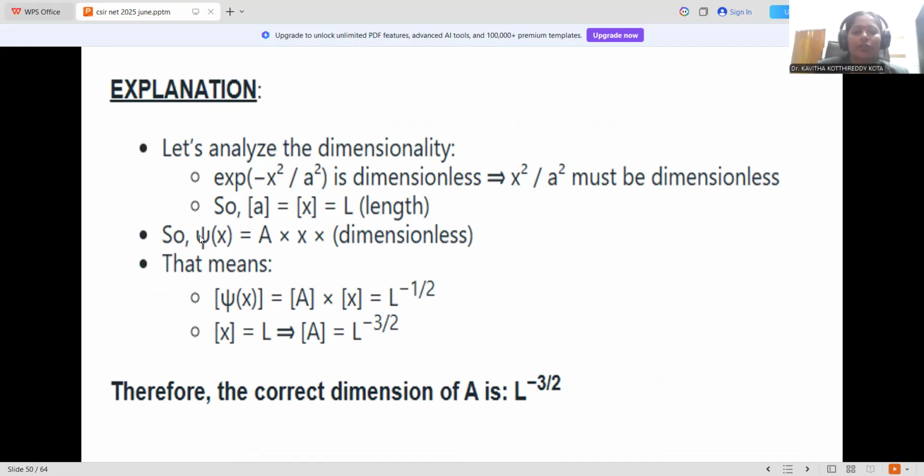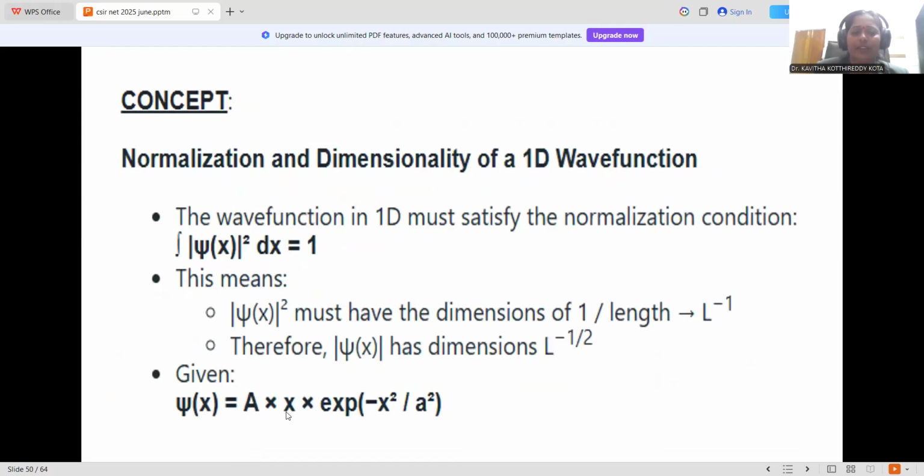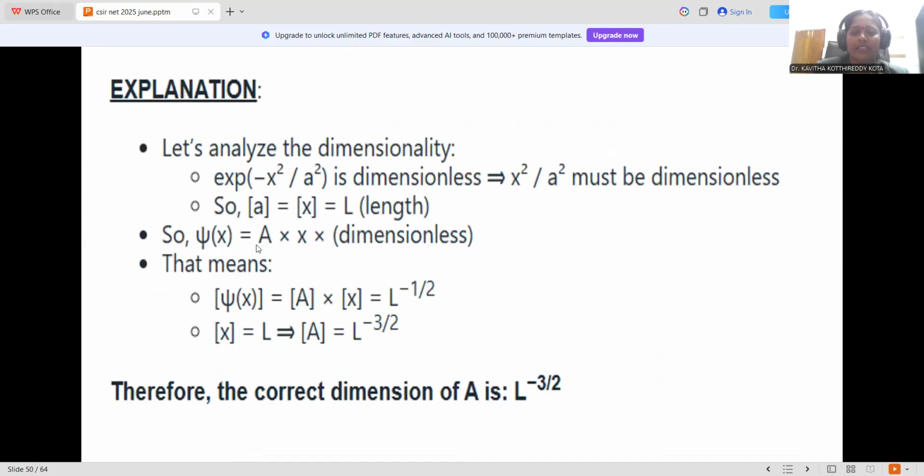Psi x value is known to you, that is length to the power minus 1 by 2. Psi x is equal to A into x into exponential minus x squared by a squared, and the entire exponential is dimensionless, right? Simply you can indicate it as a dimensionless quantity.